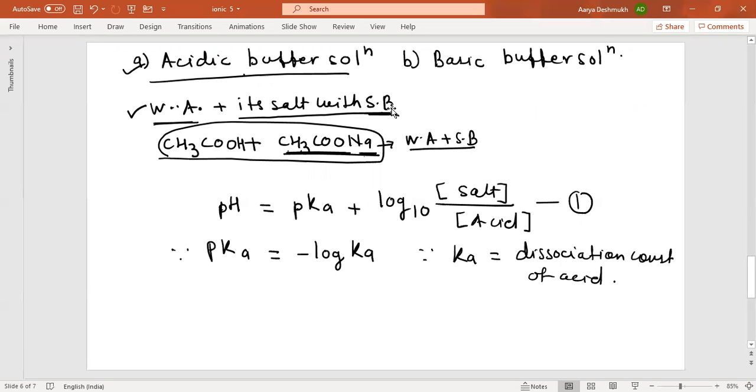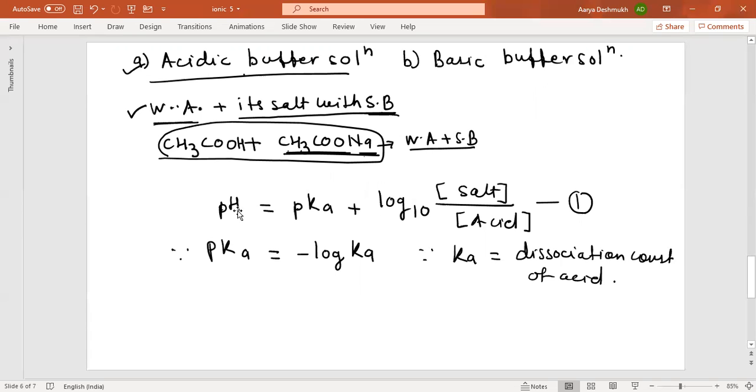The best example is acetic acid, which is a weak acid, and its salt with the strong base, CH3COONa. This salt is made up of a weak acid and a strong base. Here the strong base is NaOH and the weak acid is CH3COOH. When these two are combined together, this combination is called an acidic buffer solution.